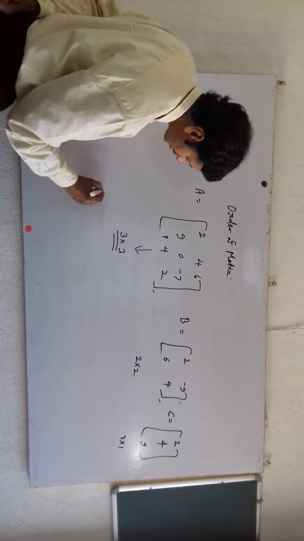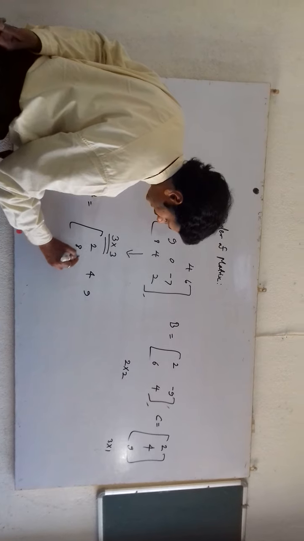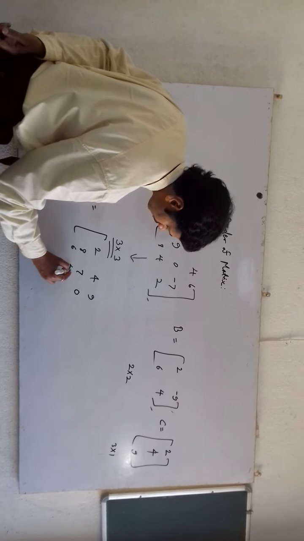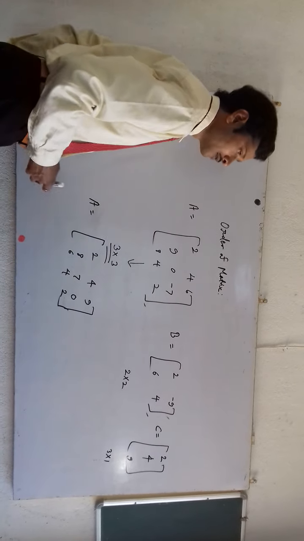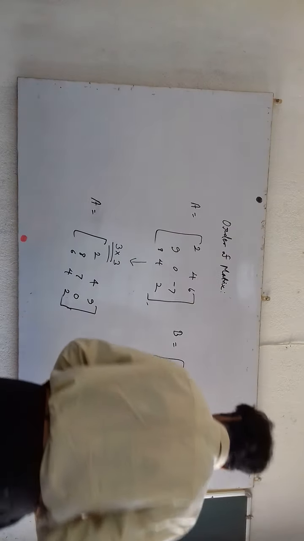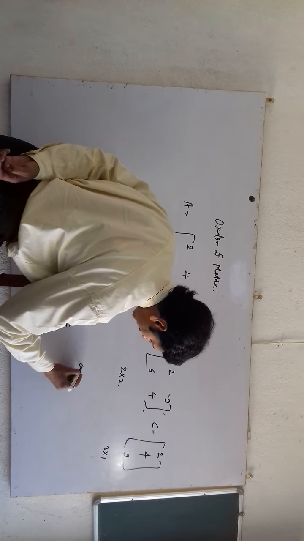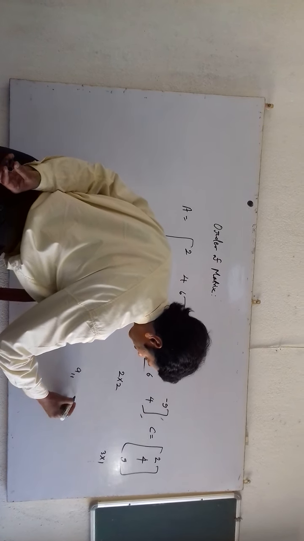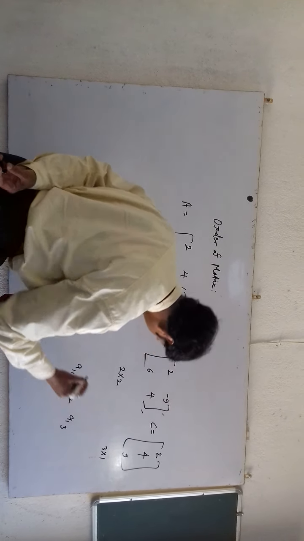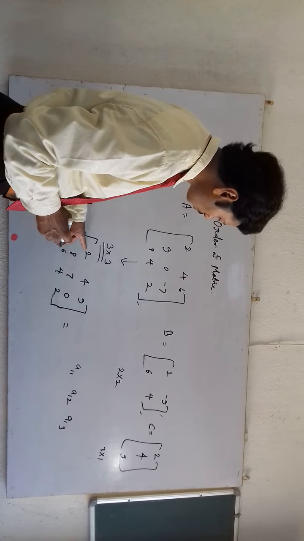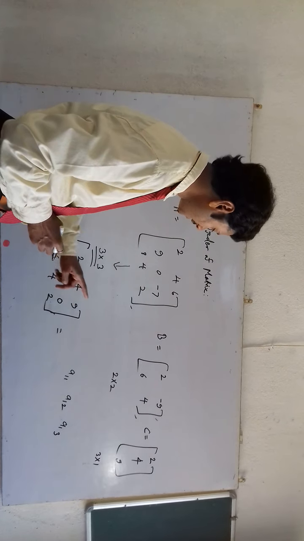Suppose there is matrix A with elements 2, 4, 9, 8, 7, 0, 6, 4, 2. We can also write this as A11, A12, A13, where A11 represents the 2, A12 represents the 4, and A13 represents the 9.